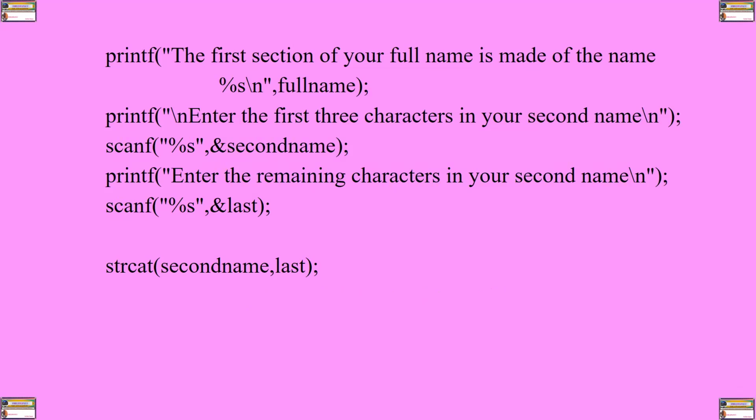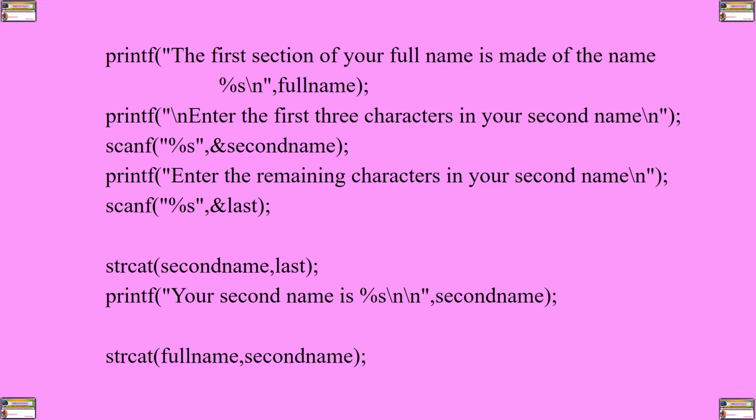Join the first three characters and the remaining characters together. So when this statement is executed, the content of memory location called second name will simply be the full second name.